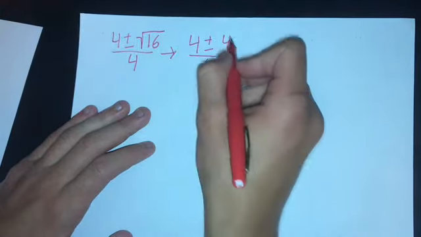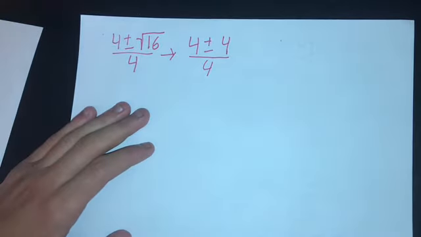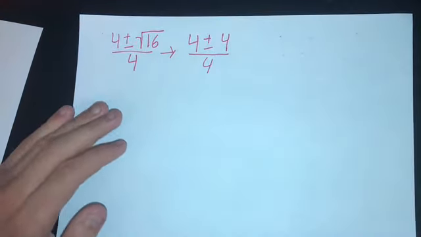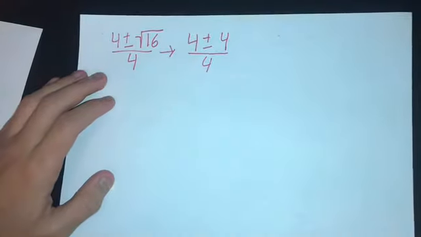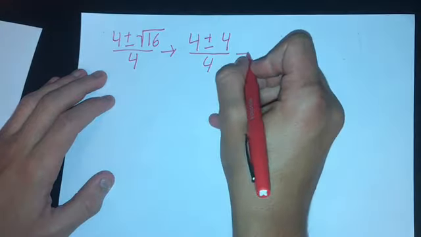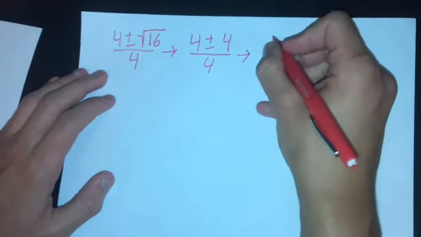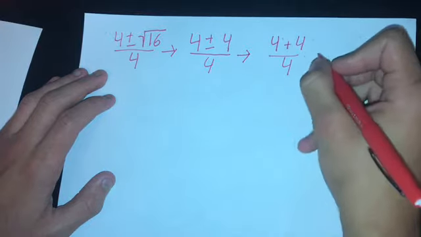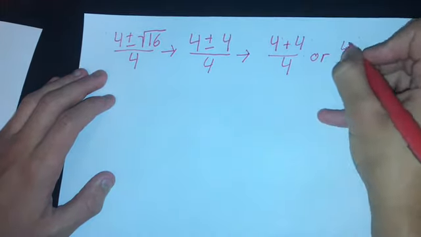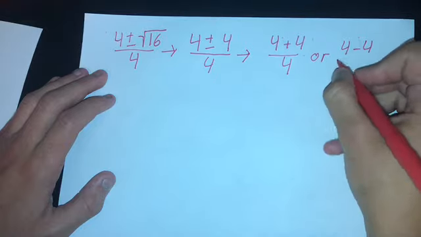Now we're going to have two answers that don't have the weird plus or minus square root of 2 and all that stuff, because now we have a constant answer. So we're going to bring it over here: 4 plus 4 over 4, or 4 minus 4 over 4.